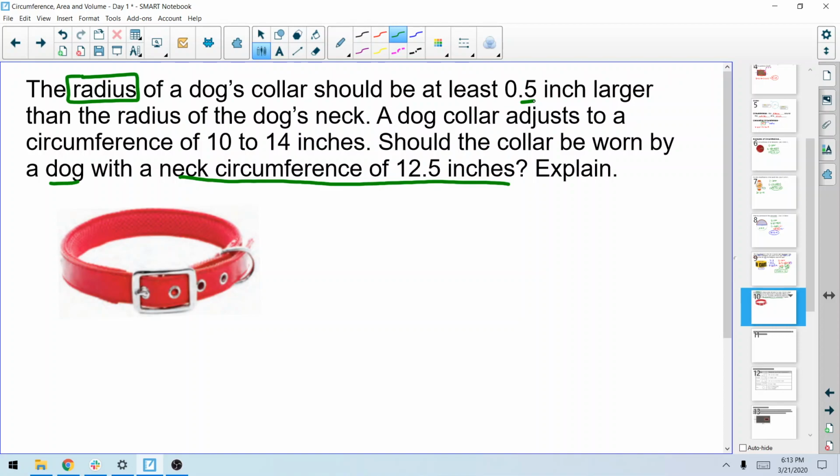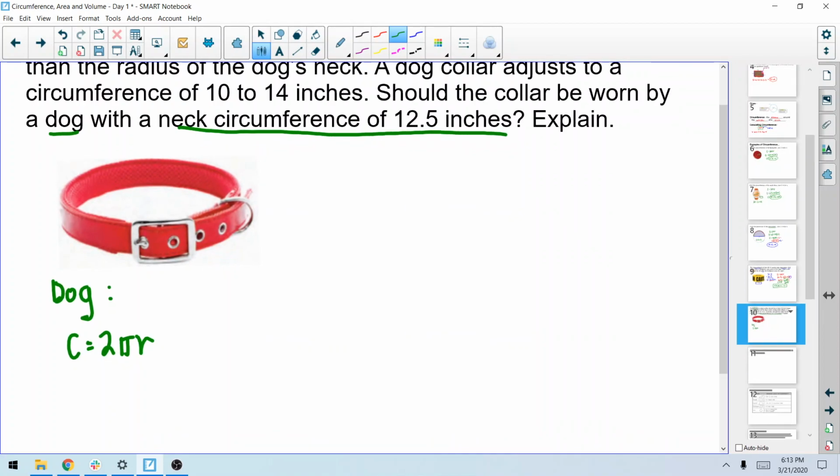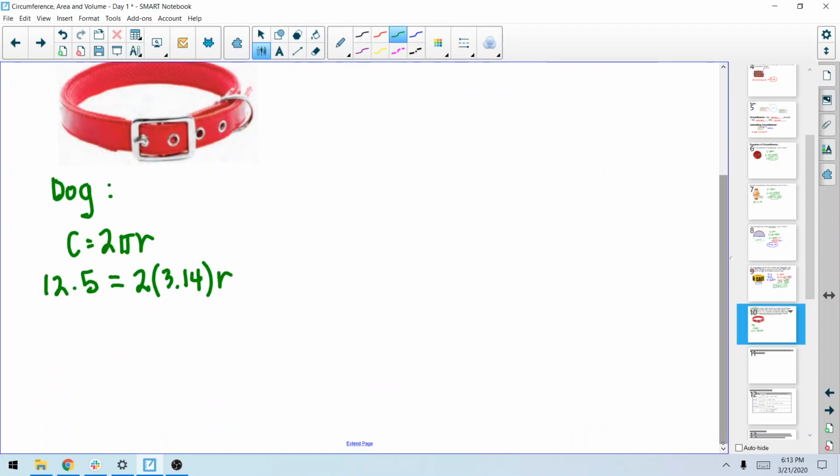So starting with the actual dog, I'll go down here. We know that circumference equals 2 pi r. So we know that the circumference of the dog's neck is 12.5 inches, and that equals 2 times pi times r. Kind of like we just did on the last example. So just like we did on the last example, I'm going to take 2 times 3.14, which is 6.28.